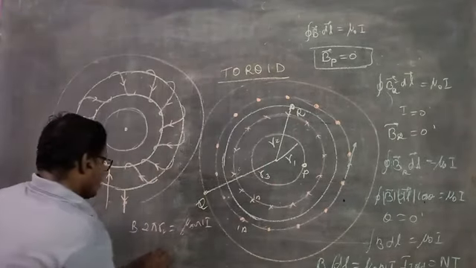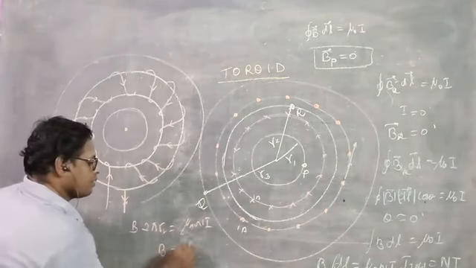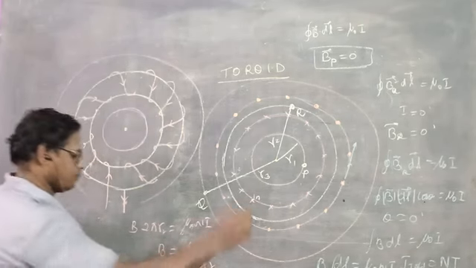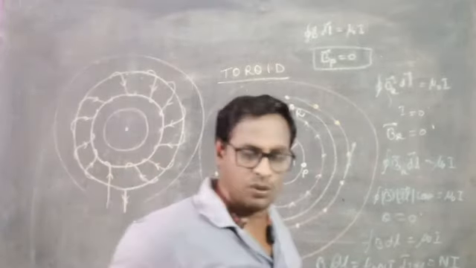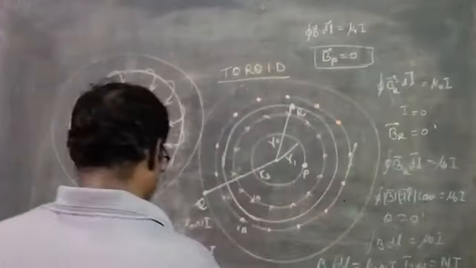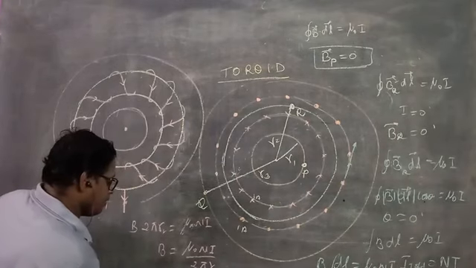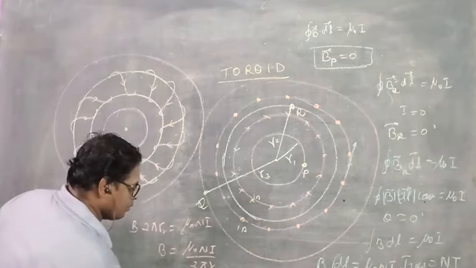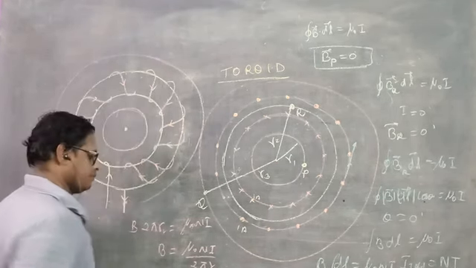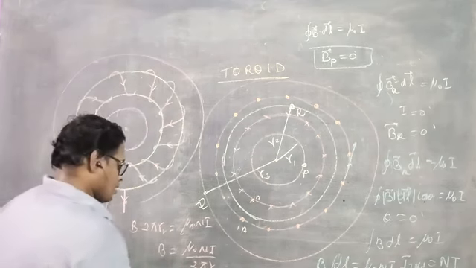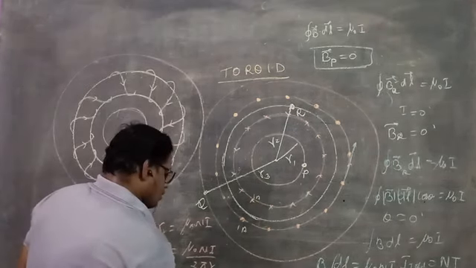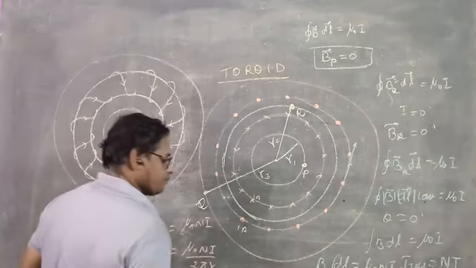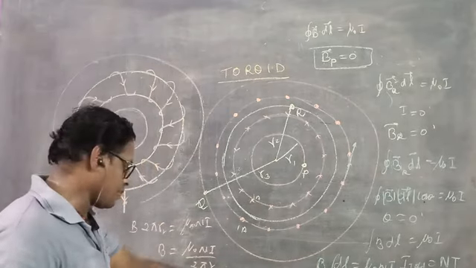Now, what is the value of B? B is equal to mu naught N I by 2 pi R2. You just consider R2 as R, that is the radius. So B vector is equal to mu naught N I by 2 pi R. Okay. So in this you can write n is equal to N by 2 pi R. Substitute that value here.